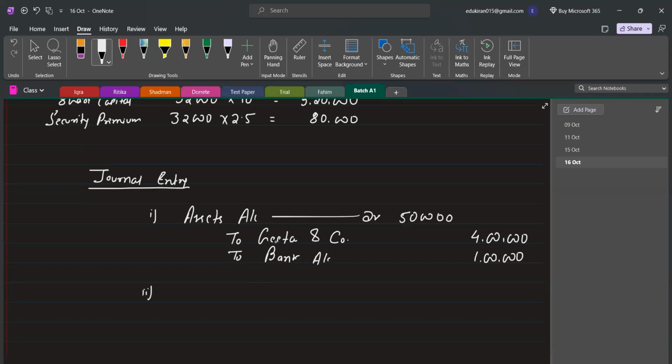So assets account debit to Geeta and Company 4 lakh and to bank account 1 lakh. Now we are issuing shares to Geeta and Company.